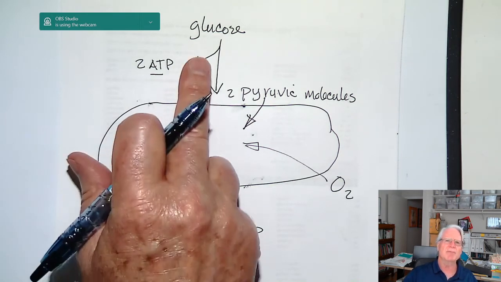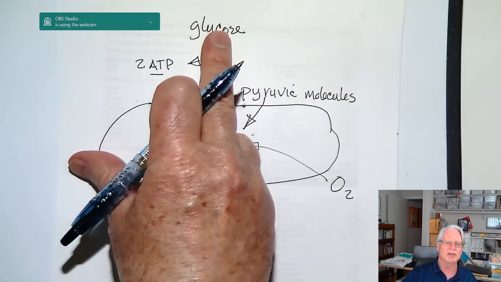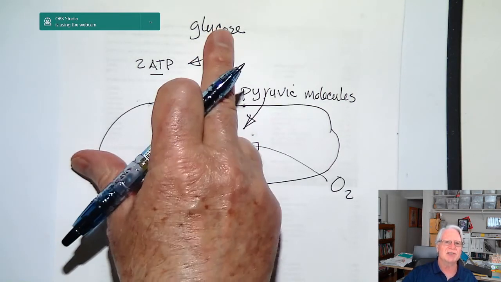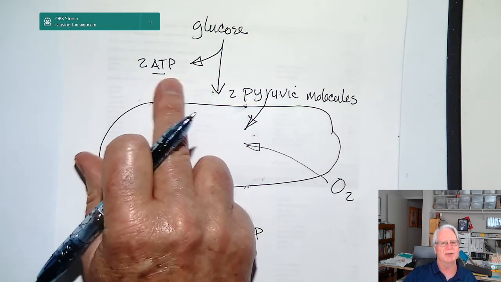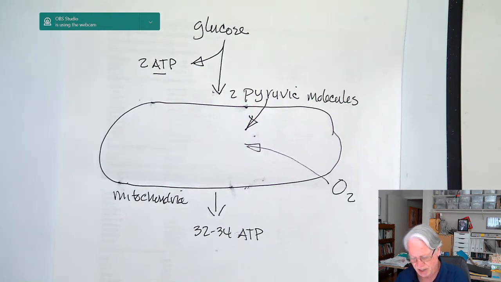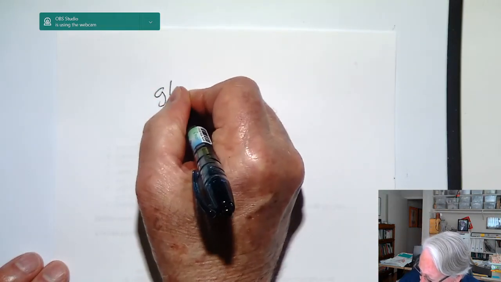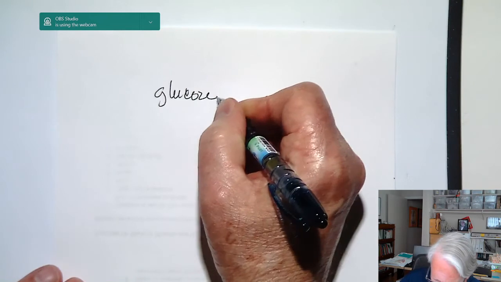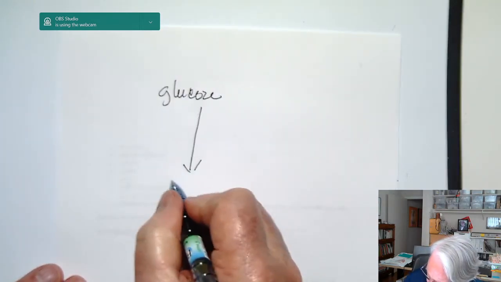And so we're going to come back to this reaction and see if we can do something with this reaction that allows us to keep going around and around somehow and getting more molecules of ATP out of that. And so if we turn our attention then to this reaction, I'm going to take glucose, and I'm still going to convert it into pyruvic.